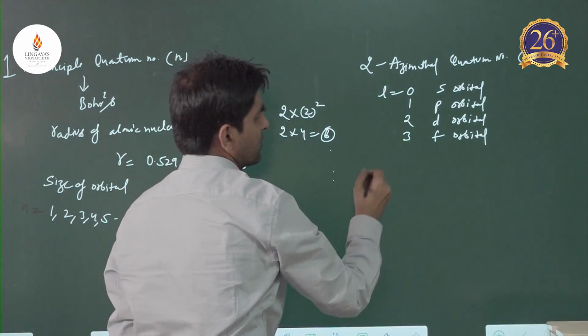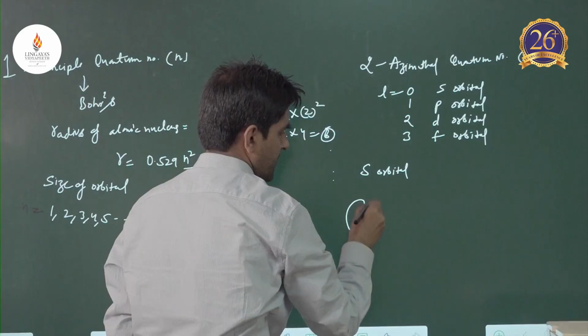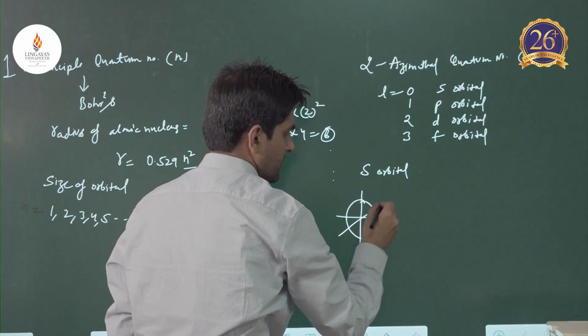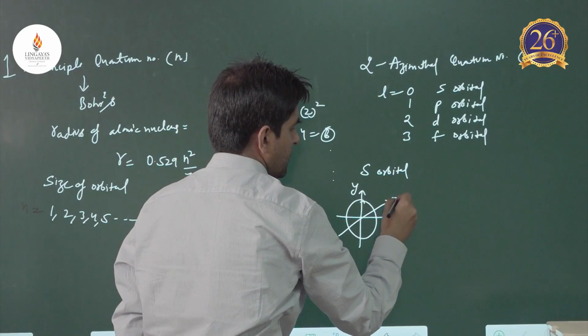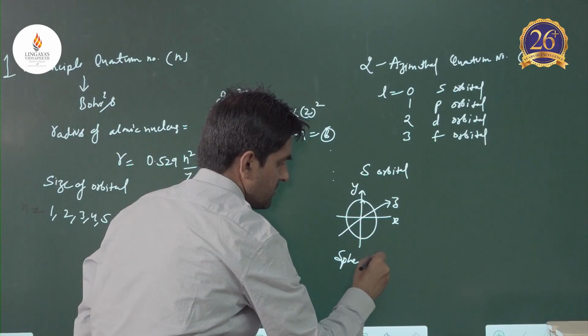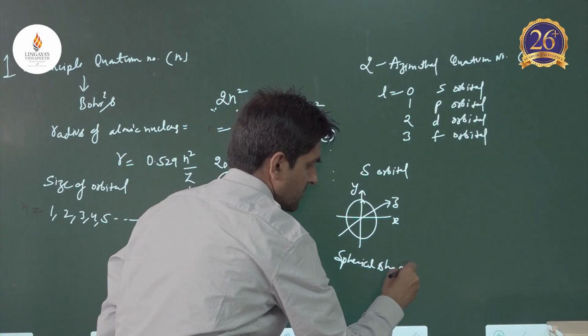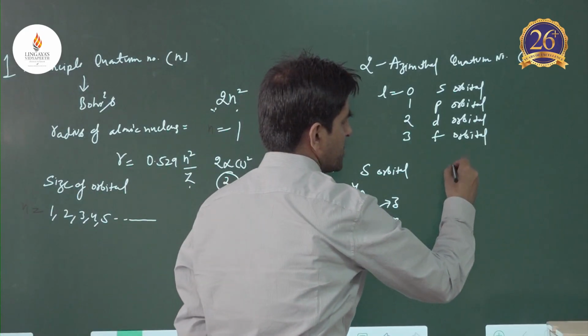You know that the s orbital has a spherical shape. X, Y, Z, this is spherical shape. Then p orbital is dumbbell shape.